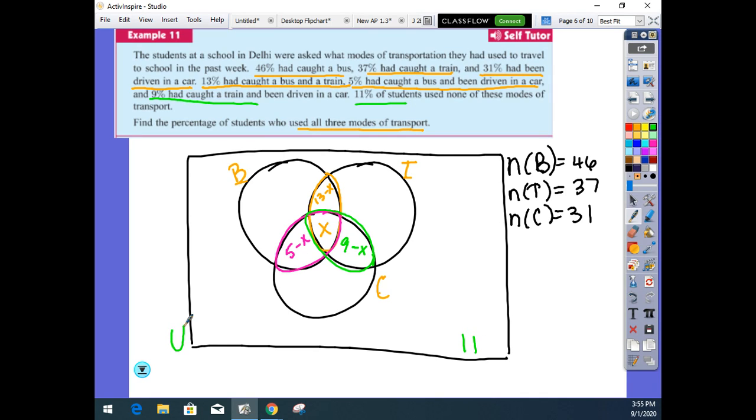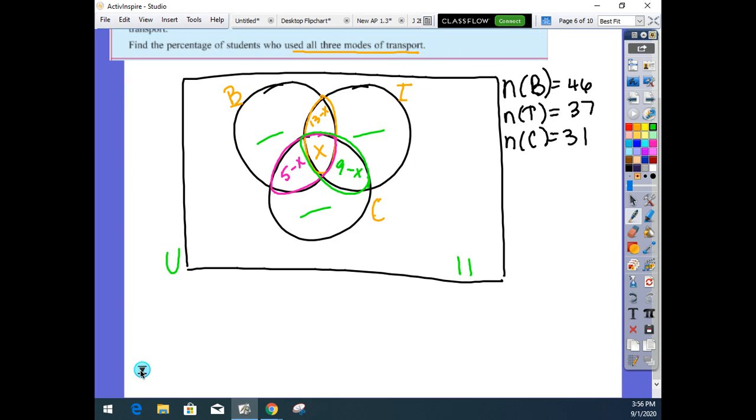Okay. Now, these are all percents. So, let's figure out these first. Here's where we need a little bit more room. So I'm going to come down here. And I'm going to use the number in the bus, it's 46.